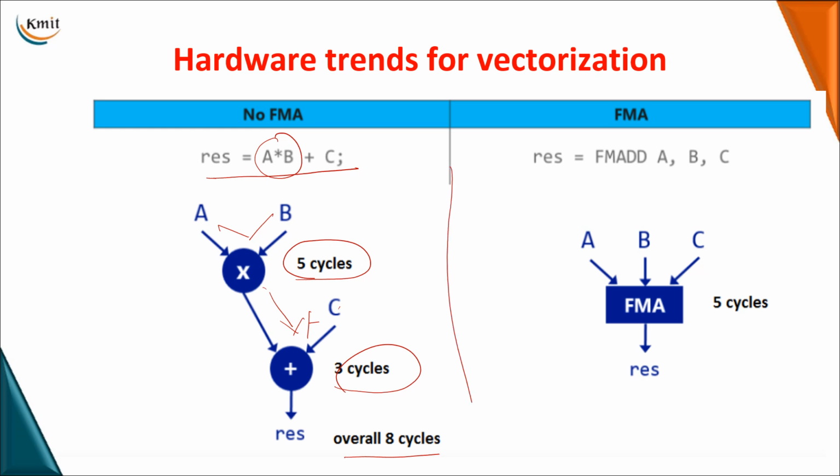But if we introduce the FMA concept here, it will not depend. All three inputs are provided to this hardware unit, which we call FMA, fused multiply add. Both the multiplication and addition operations are done simultaneously, and it takes only 5 cycles. So the amount of time required for performing an operation is reduced.